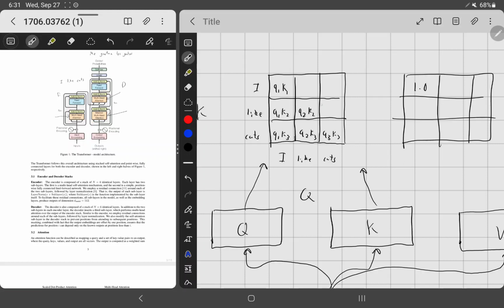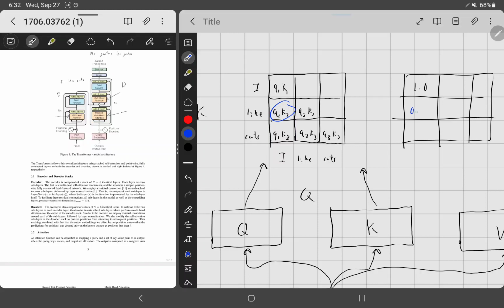That means that they're the same vector. Now, the second case is more interesting because now you have information from the word "like". This first query 1 times K2 is basically the word "like" sending information to the word "I", and it does that through a similarity score. How similar are those vectors?